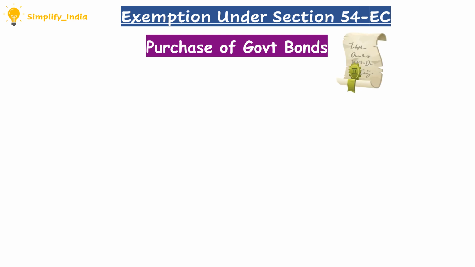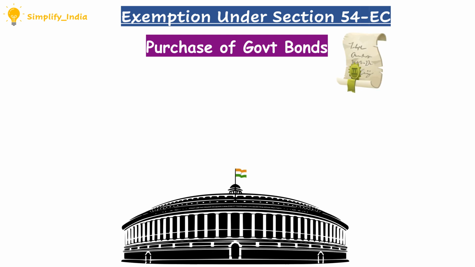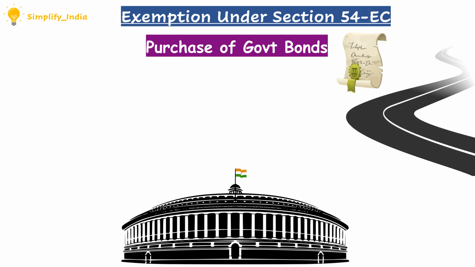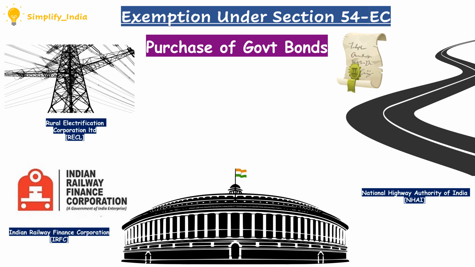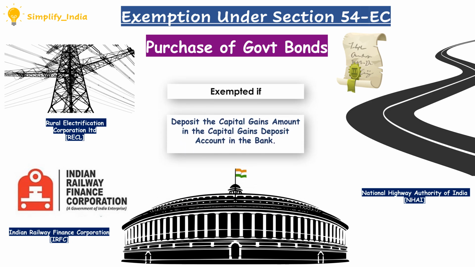Any long-term capital asset held by an assessee is sold and the capital gains arising out of it is exempted if the gain is reinvested in purchase of bonds such as NHAI, that is National Highway Authority, Rural Electrification Corporation Limited bonds, or Indian Railways Finance Corporation bonds, or deposited into the capital gains deposit account, provided that these bonds are held by an assessee for a minimum of 3 years. If not, the exemption is withdrawn.